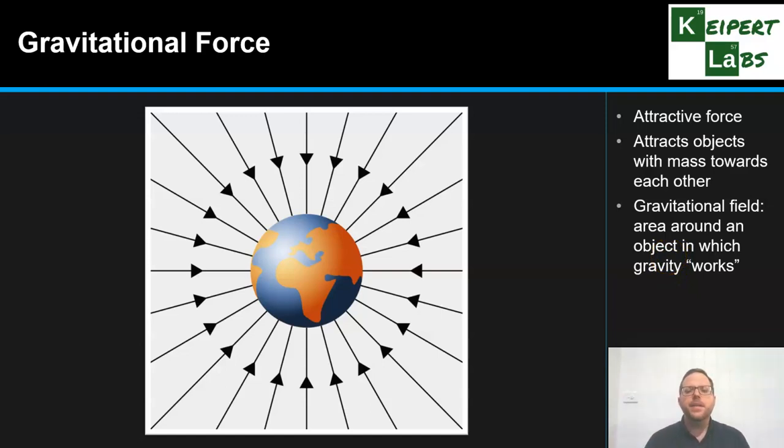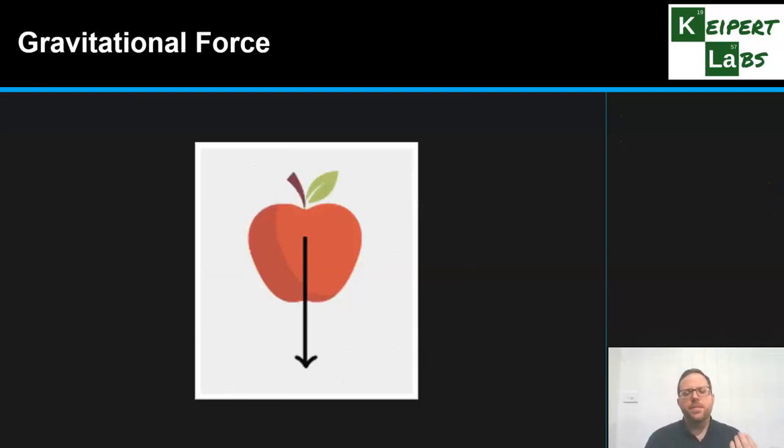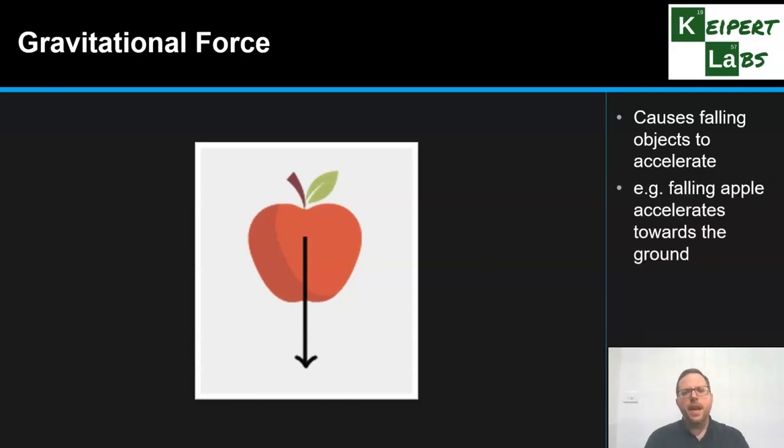It has an effect, and we can see that the gravitational field is affected by a couple of different things, but it causes falling objects to accelerate. So if you have, say, this apple, and you hold it in the air and then let it go, it's going to move towards the ground, but it's going to be speeding up all of that time because of this force of gravity, this attractive force towards the ground.